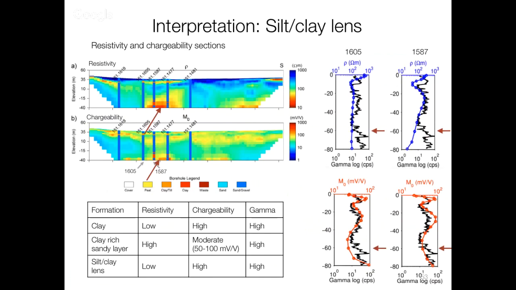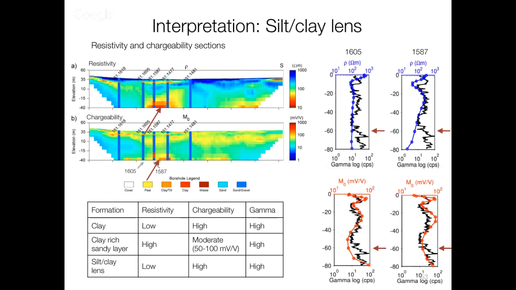The third area we're looking at is right down at the bottom. There's a big conductive unit down here, and this unit also coincides with a high chargeability. You should always be a little concerned when things are right at the edge of the mesh, but presumably they've had a more extended volume that they're actually working with in the inversion, and they've used this as a cutoff as to what they think is there.